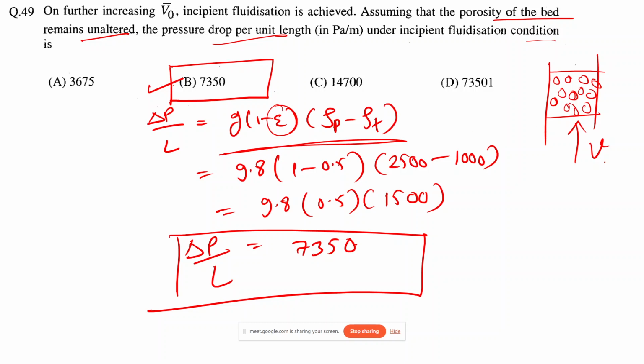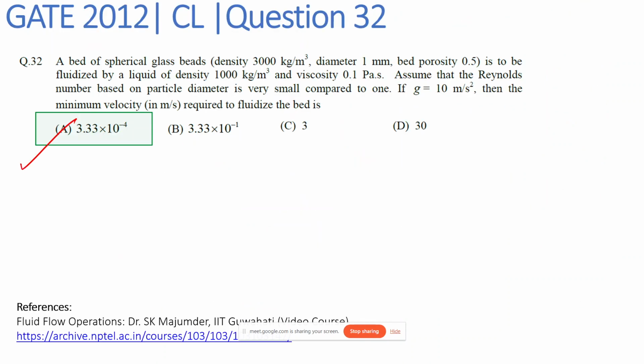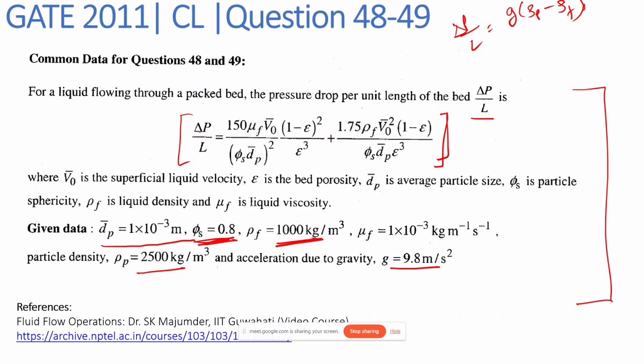If the bed is not at incipient fluidization, that is, it has been completely fluidized, then we have to use this equation to calculate the pressure drop throughout the bed.